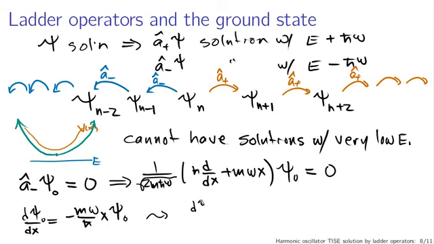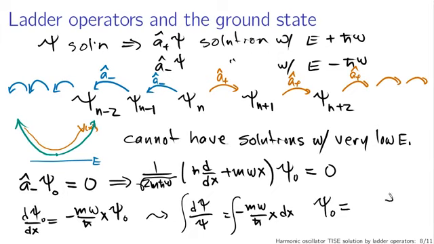I can rewrite this as d psi over psi is equal to minus m omega over h bar x dx. And if I integrate both sides of this equation, what you end up with, after you simplify, is that psi sub 0 is equal to e to the minus m omega over 2 h bar x squared. E to the minus x squared for our ground state, for our lowest energy solution.